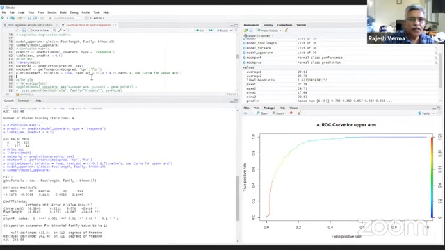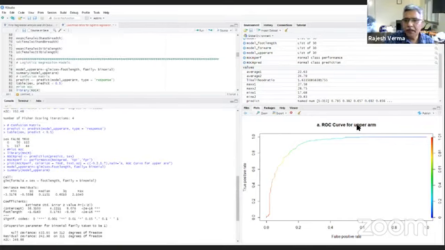We can combine these models also. Please forget this upper arm, because I did not change the title of this model. Now suppose you have foot length and I add another variable, hand breadth.